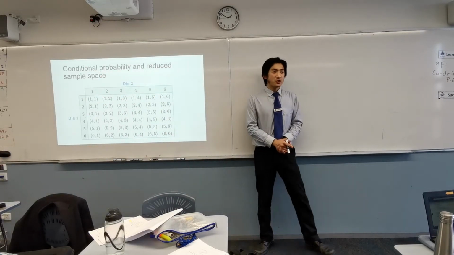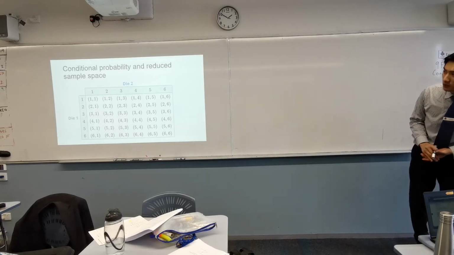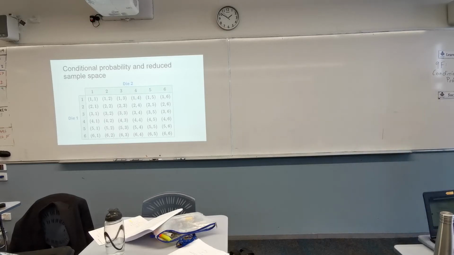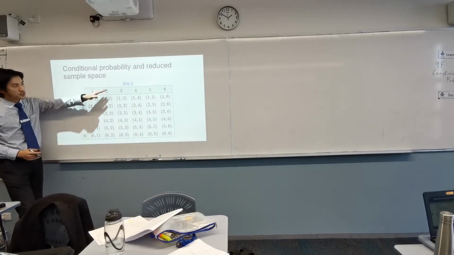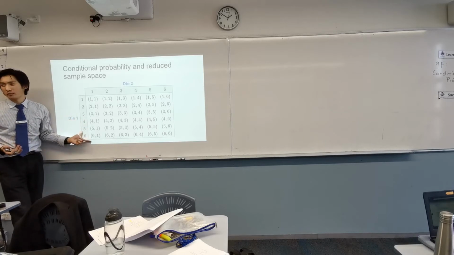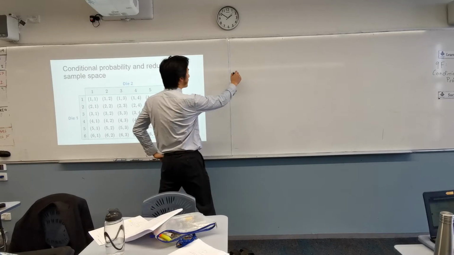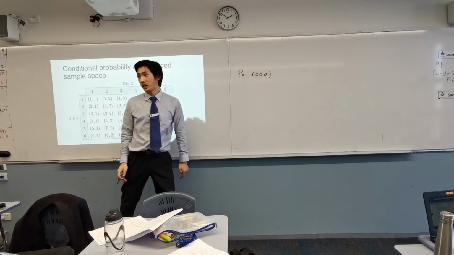So let's reintroduce conditional probability. Here's an example of a table where you list out all the results of rolling 2 dice. So this would be die 1, that's die 2, and you've got combinations of results. You can work out probabilities for this. For example, what's the probability of getting at least one odd number?